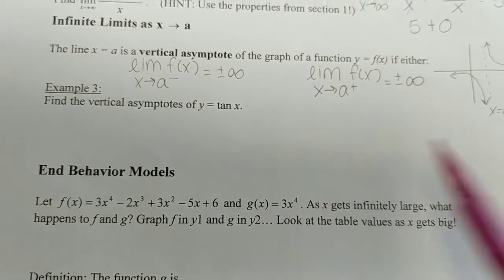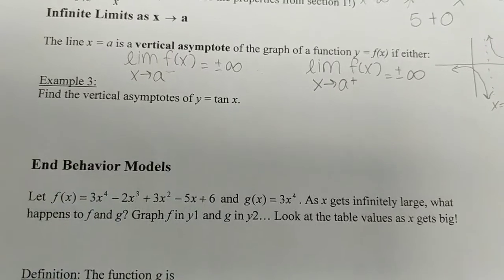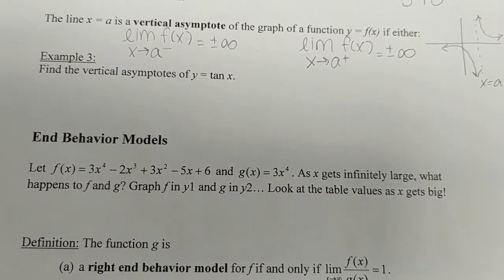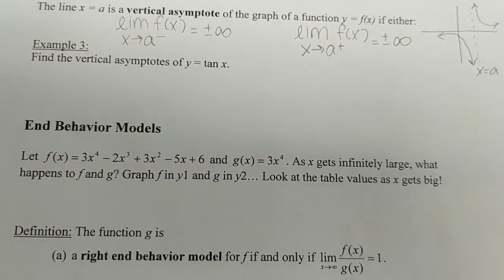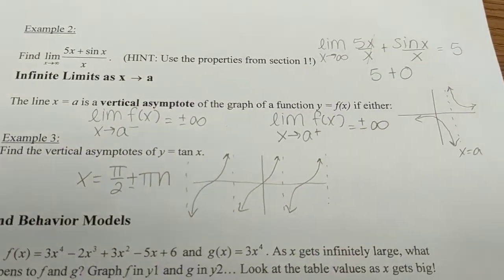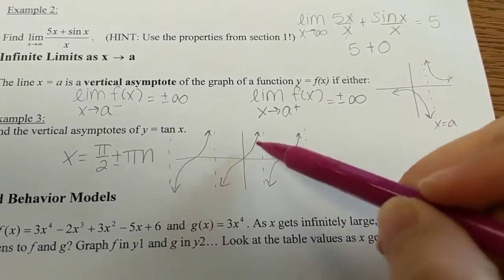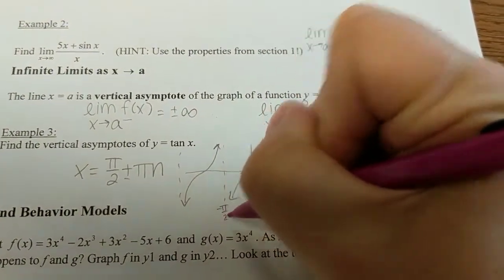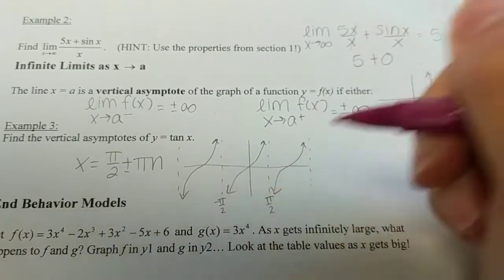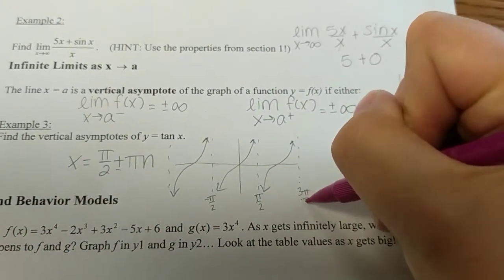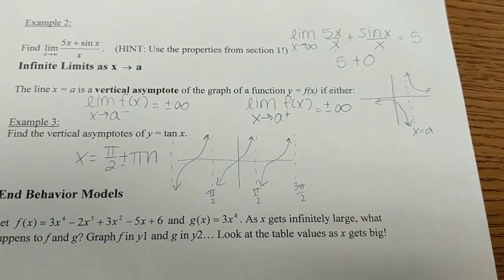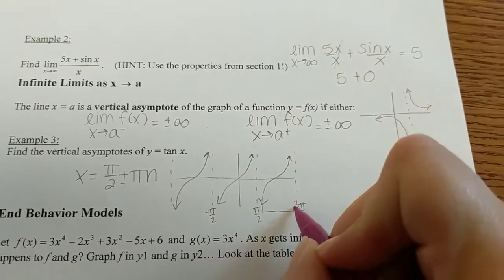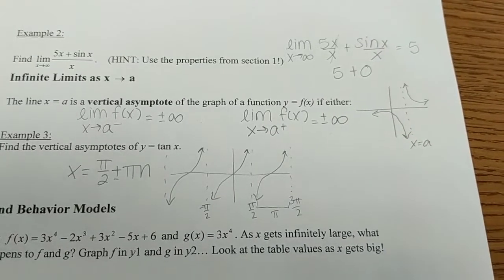So I want you to find the vertical asymptotes of tangent of x. Just write out, where are the vertical asymptotes? So tangent looks like this. It goes through the origin, and then there's an asymptote at negative pi halves, positive pi halves, 3 pi halves, 5 pi halves, etc. So the distance between those two asymptotes is pi.